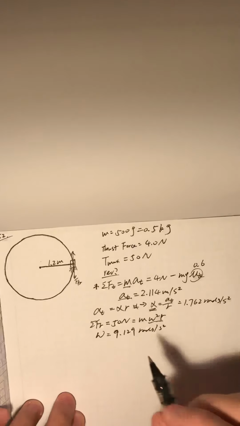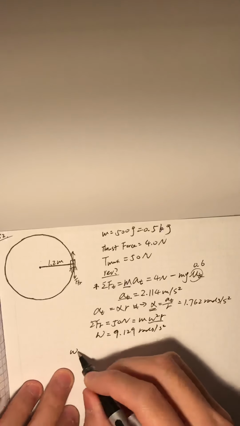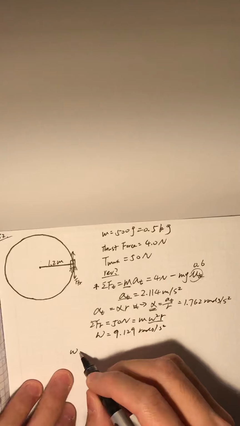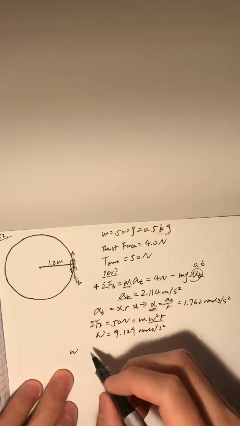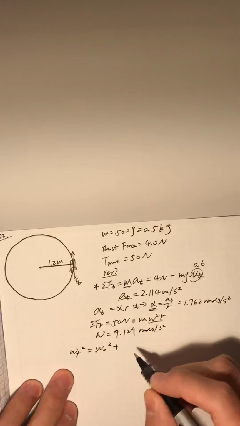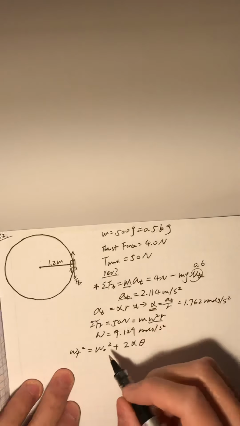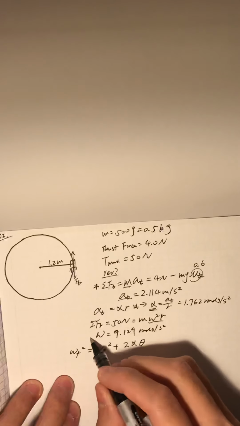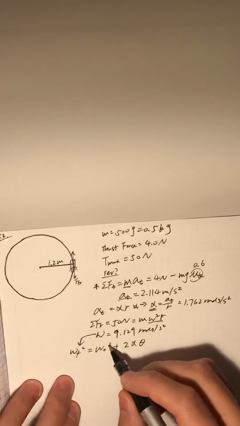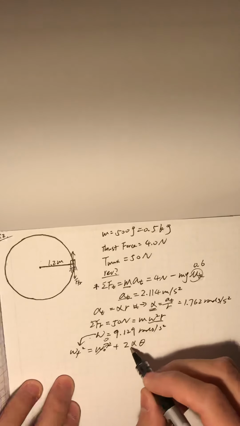So we can plug into the equation for rotation: omega final squared equals omega initial squared plus 2 alpha theta. We know the final velocity, which is here, and we start from rest, so the initial angular velocity equals 0.